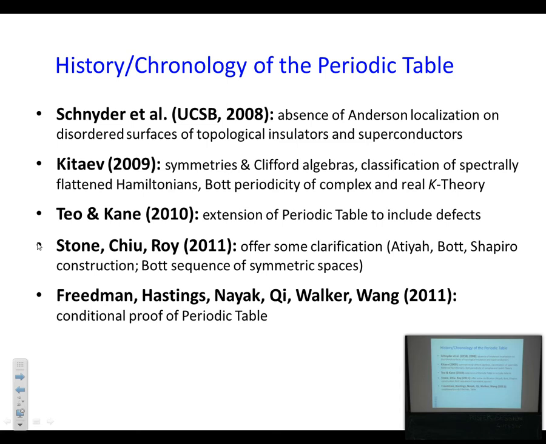The existence of a proof is mentioned here, assuming that every Hamiltonian that arises in this condensed matter context, and which will have for its ground state one of these objects that we've been looking at, is homotopic to a Dirac operator. Then this paper gives you a proof of the table.